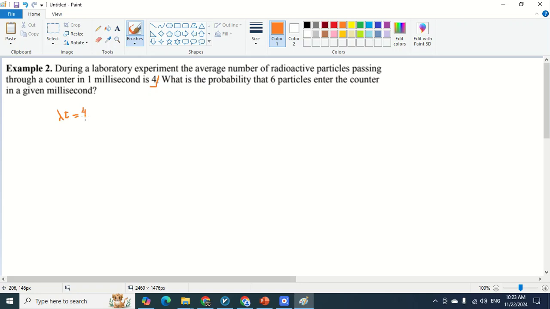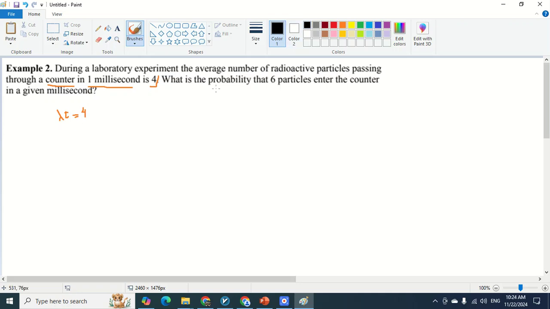Over here we have one specific place, a counter that the particles pass through, and we have the specific time as well: 1 millisecond. These two things determine the type of the distribution. So with lambda t equal to 4, with this one piece of information, we can describe the distribution.